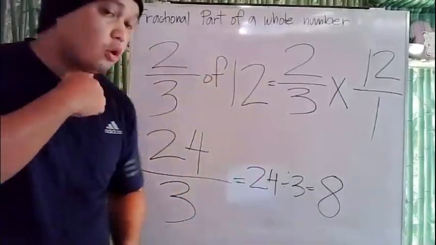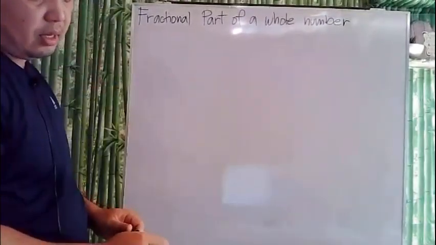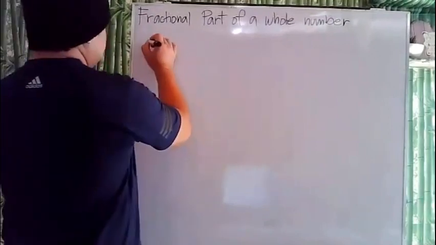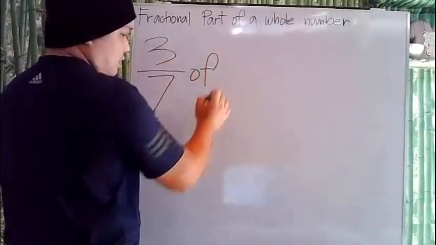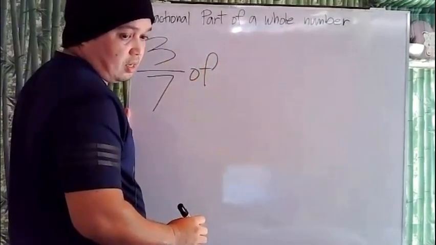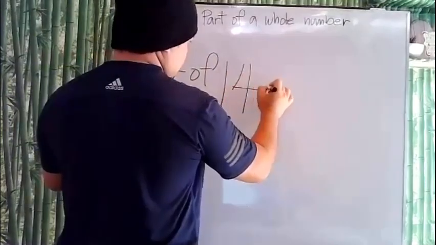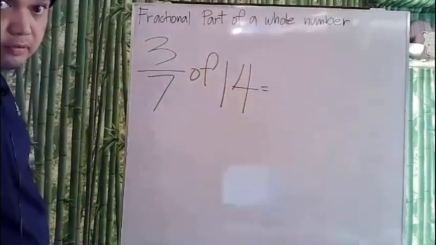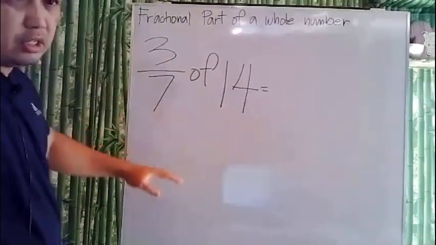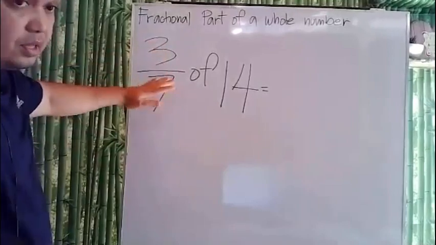Okay, for our last example, we have 3/7 of 14. Okay, so the same, we're going to get the fractional part of 14 here, which is 3 over 7. So the question is, what is 3 over 7 of 14?